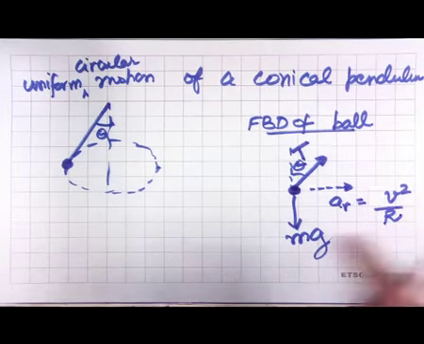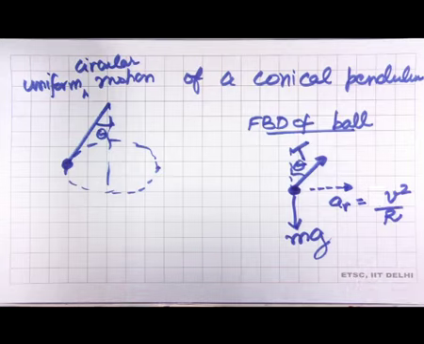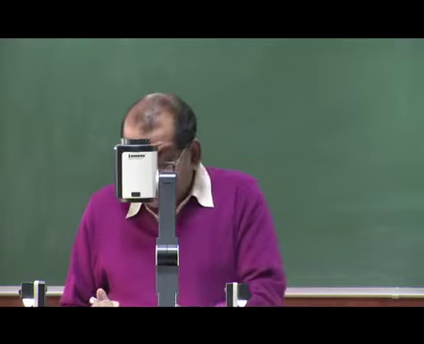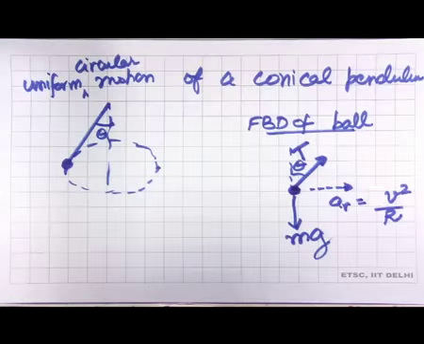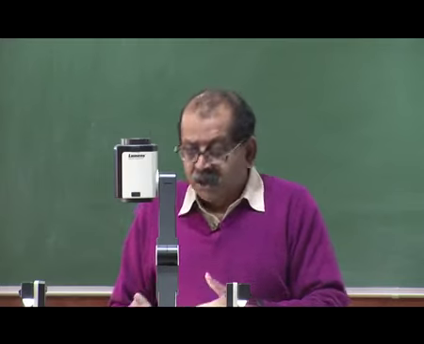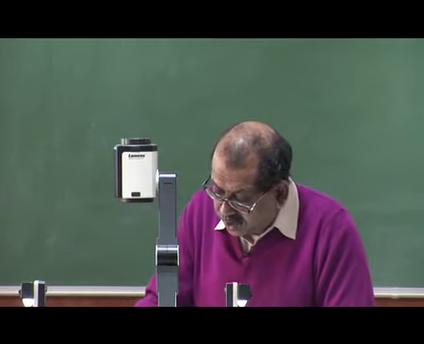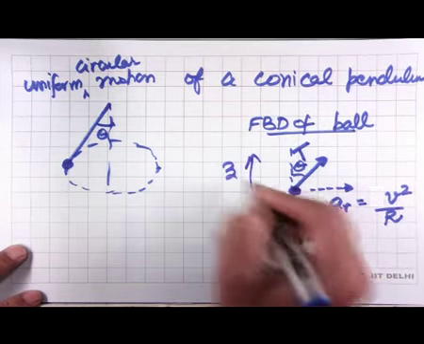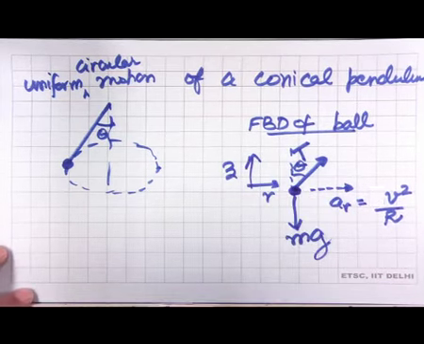There has to be some force which provides this acceleration, otherwise the body will not be able to move in a circular path, and in this case this acceleration is provided by the horizontal component of T. So if we now write the equations, the body is moving in a circular path. We call the vertical direction the z direction, and the radial direction the r direction.